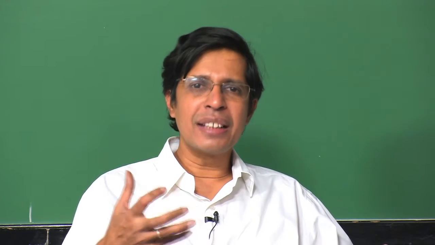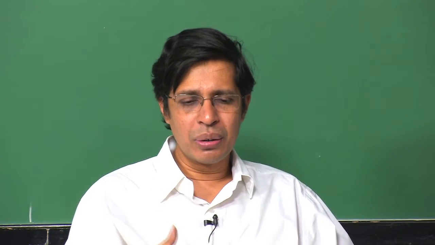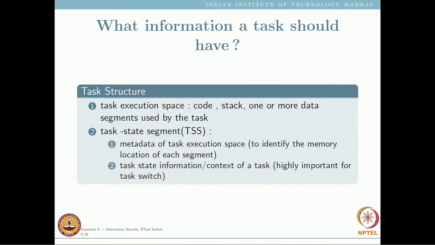Where is this information captured, like what is the data segment I can use, what is the stack segment I can use, etc.? These are all captured by what is called the task state segment. In a task state segment, essentially I could say that this is metadata of the task execution space, used to identify the memory location of each segment.